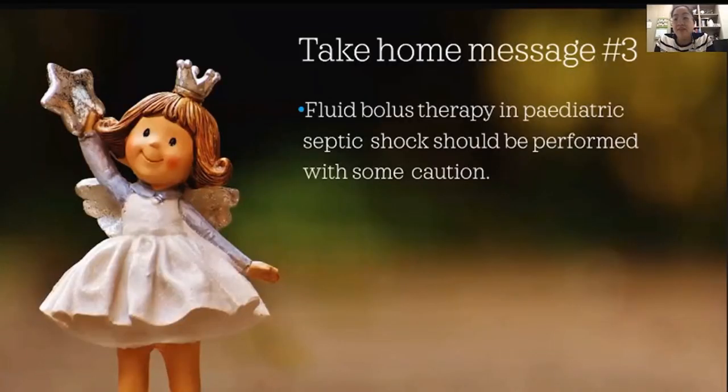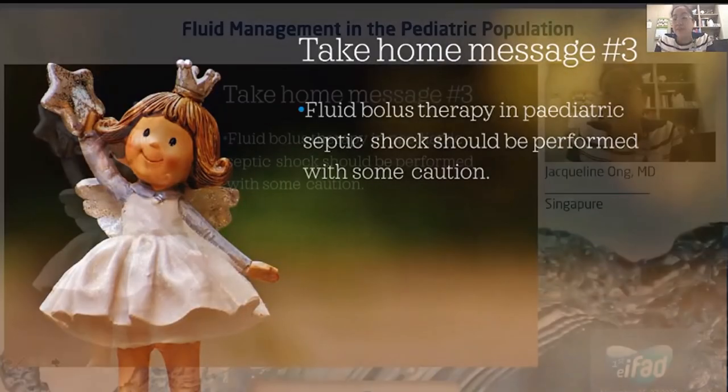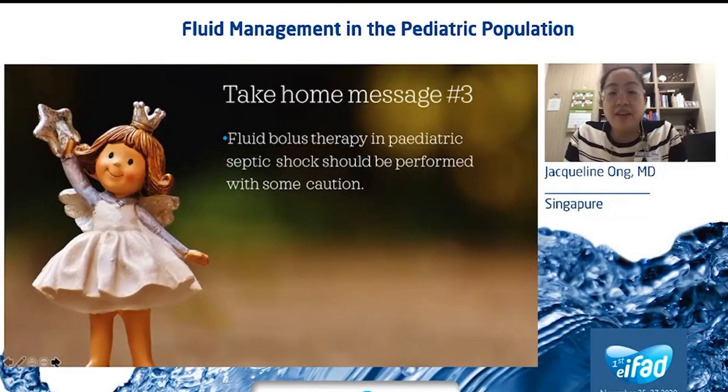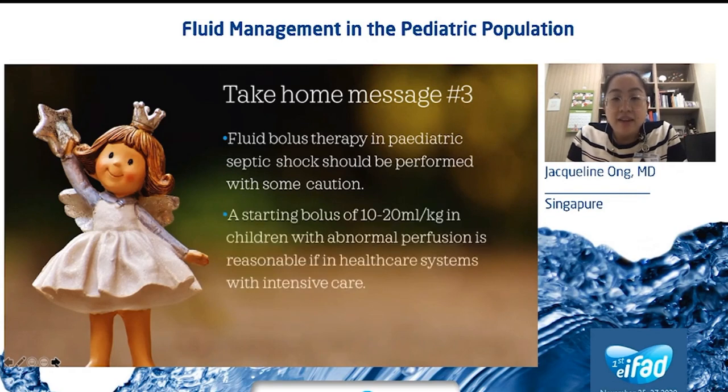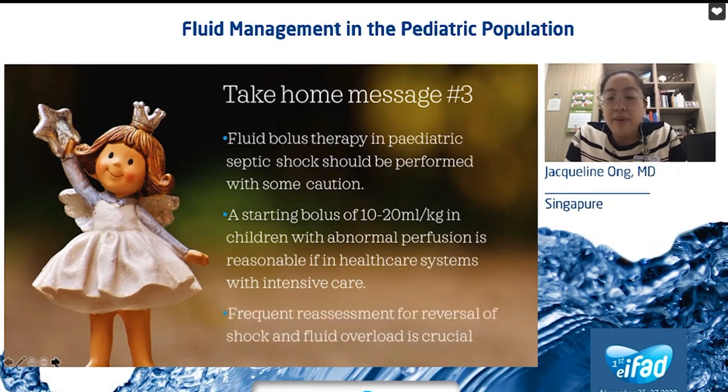Now, take-home message number 3 then is, of course, fluid bolus therapy in children with pediatric septic shock should be performed with some caution, particularly if you're in a resource-limited setting. You can start a bolus, obviously in healthcare systems with intensive care, 10 to 20 mils per kilo is reasonable, but it is really important to frequently reassess for reversal of shock and fluid overload.